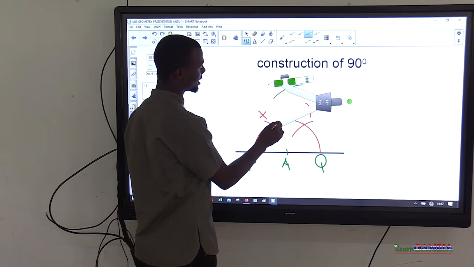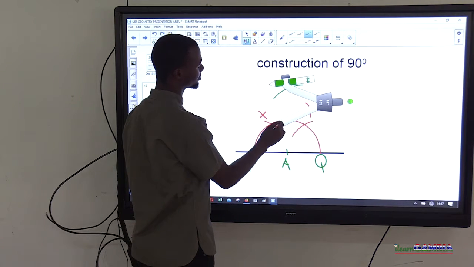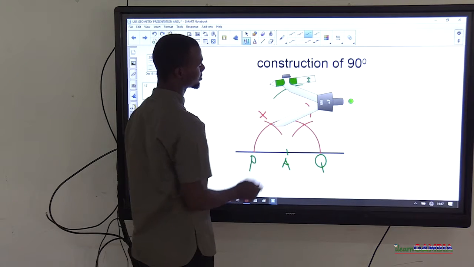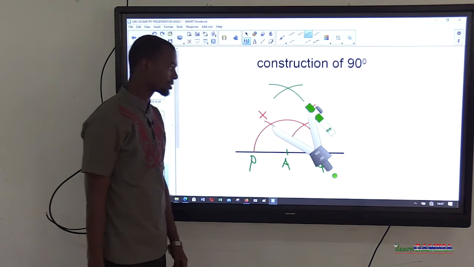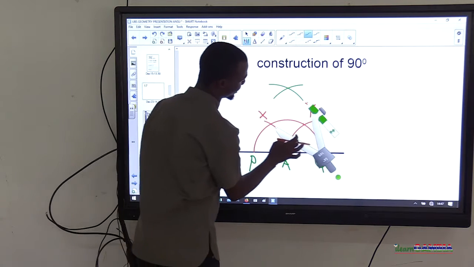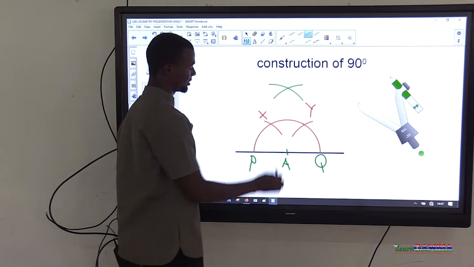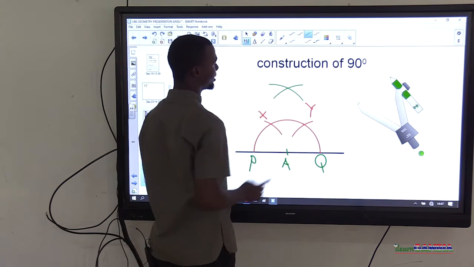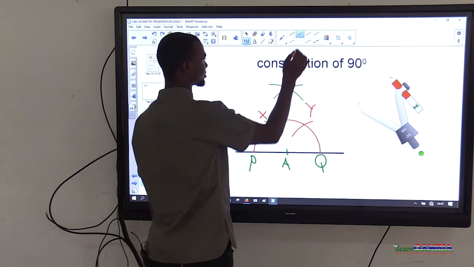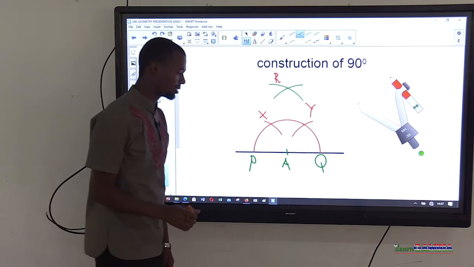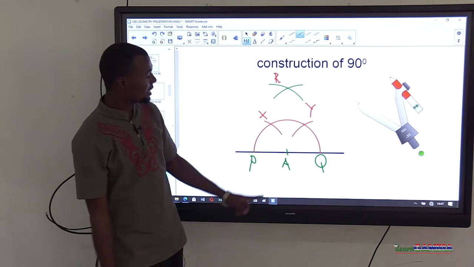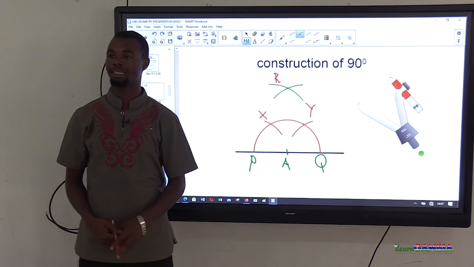You draw another arc to cut the first one. So where the 2 arcs are intersecting, we label that point R.